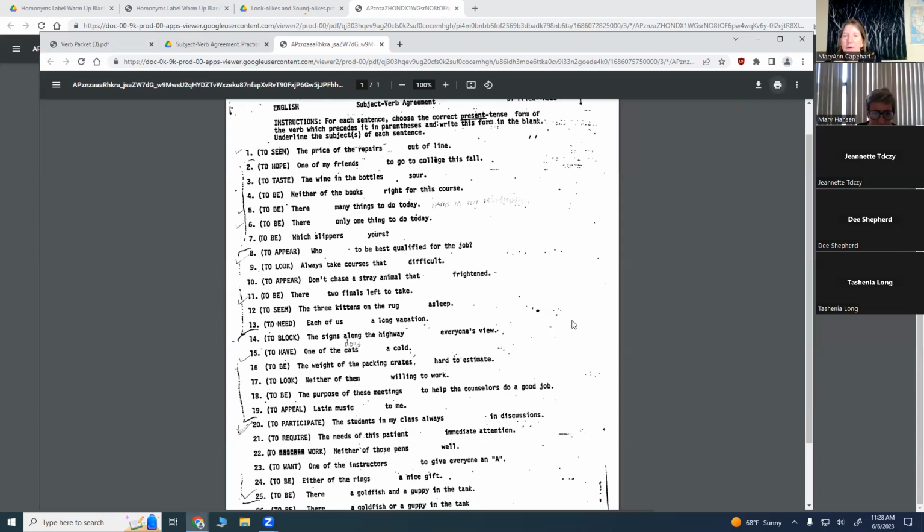How about which slippers are yours? Good. Crazy irregular verb. Here we're back to adding the S. Who is singular? Do we need the S? We do. It's opposite talk. So you give a singular subject.